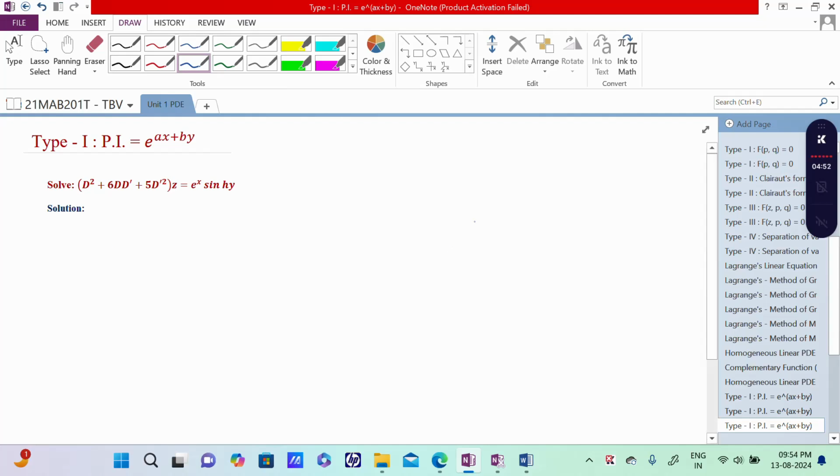But we know that sinh ax equal to (e power ax minus e power minus ax) divided by 2. Therefore, sinh y equal to (e power y minus e power minus y) by 2. We are going to apply this in the particular integral.